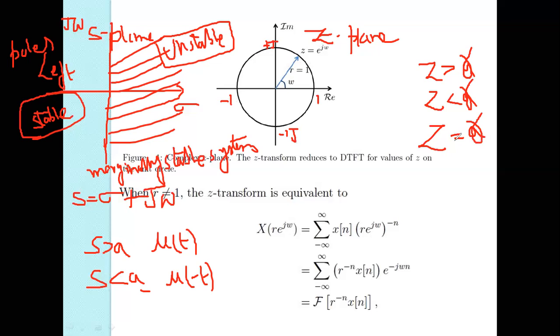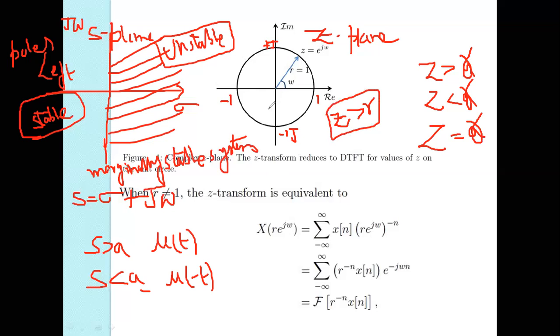So I am taking Z greater than A to mean outside the circle, totally outside the circle, beyond minus 1 and 1 on the real and imaginary axes.